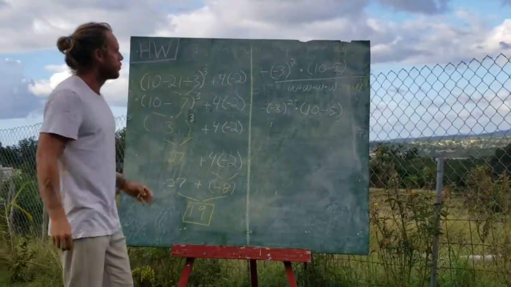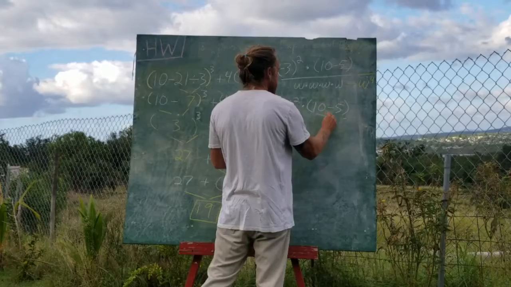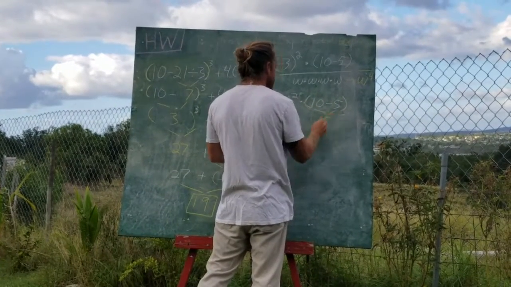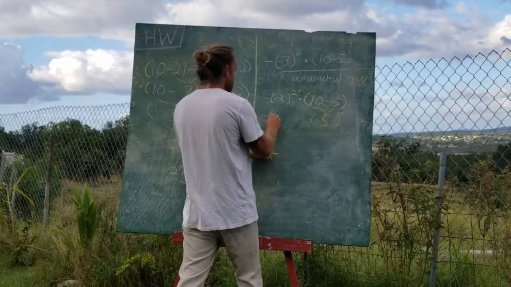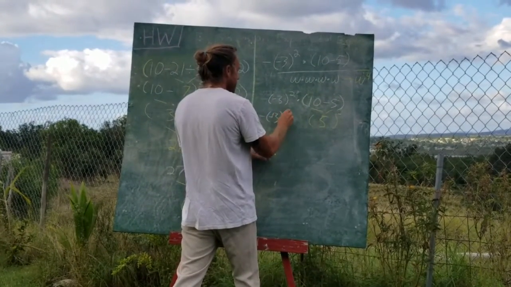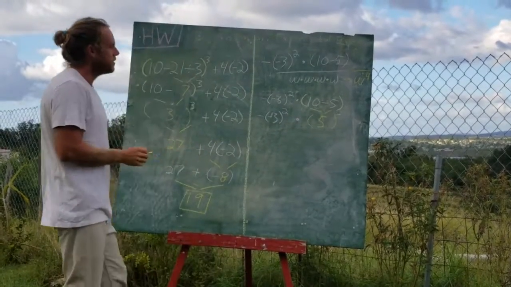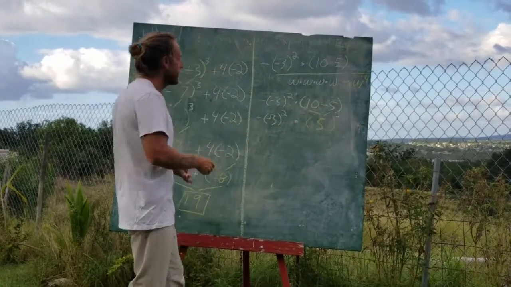All right, grouping symbols first. 10 minus 5 is 5. Bring everything else down. Okay, now this is a little bit interesting. Next we're going to deal with this exponent, obviously, right?